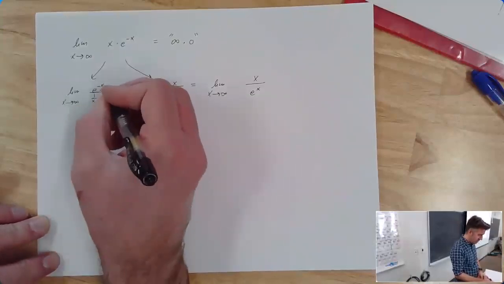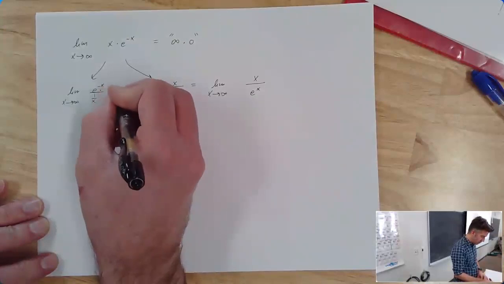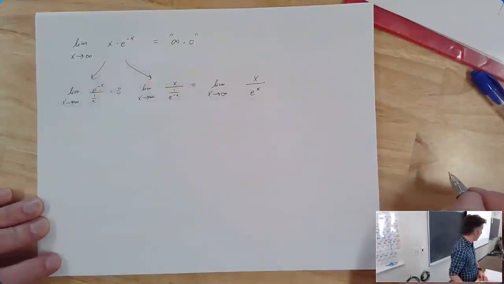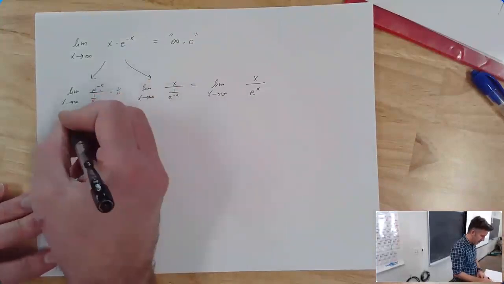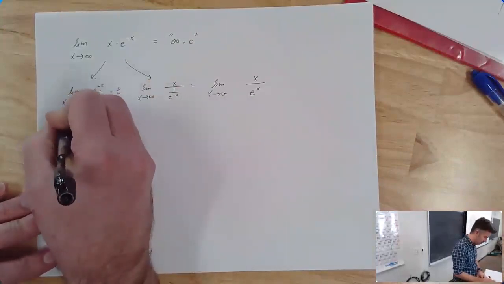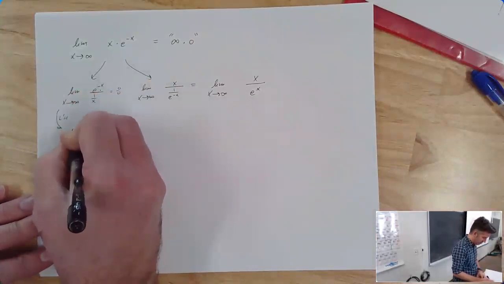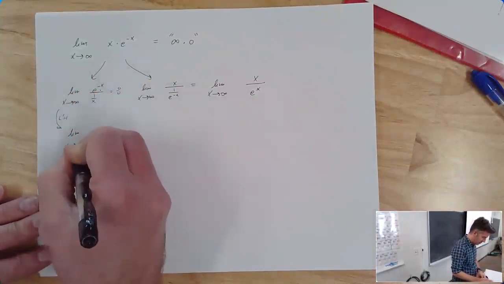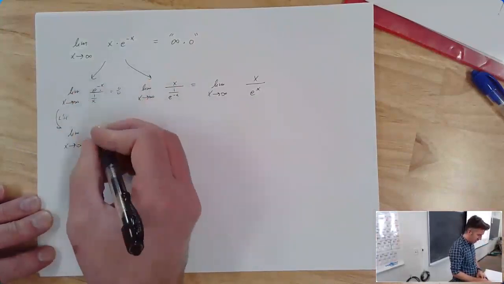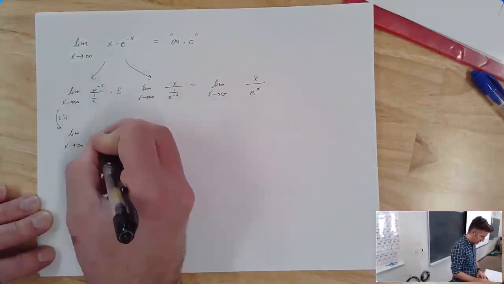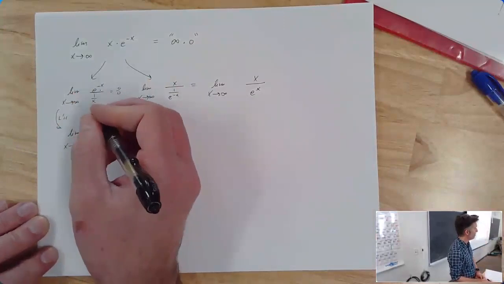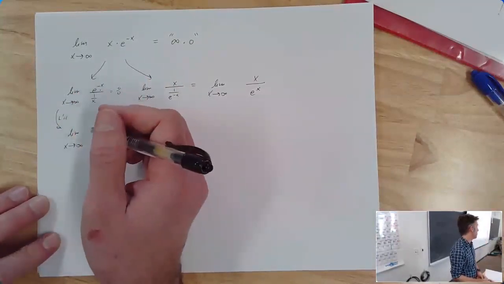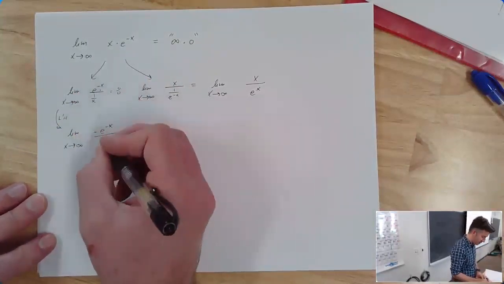So this is a 0 over 0. E to the negative infinity goes to 0, 1 over infinity goes to 0. If you try using L'Hopital's rule here, look what happens. And you don't need to write this down. I just want to show you. The derivative of e to the negative x is e to the negative x times negative 1. And the derivative of 1 over x, which is x to the minus 1, is negative x to the minus 2, which is negative 1 over x squared.